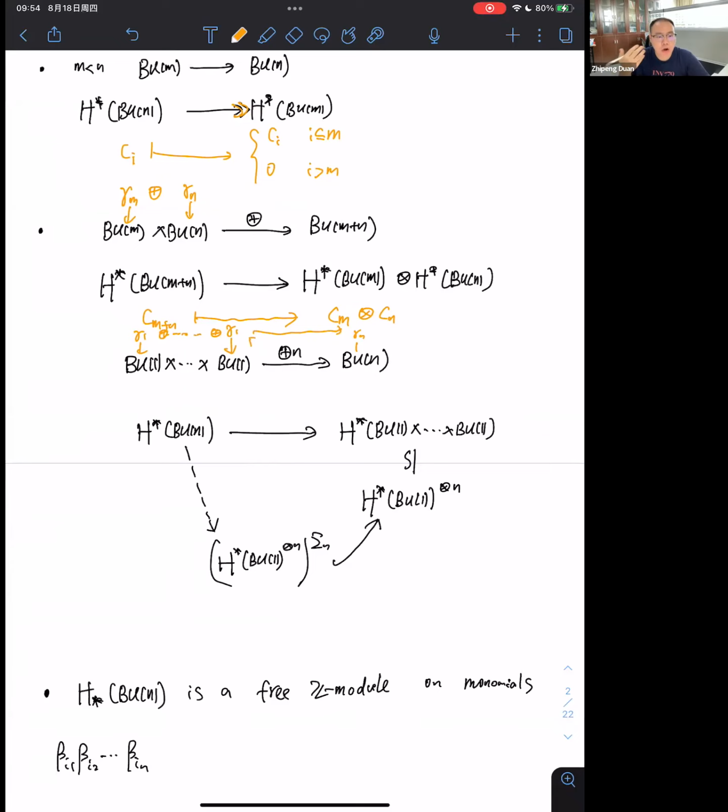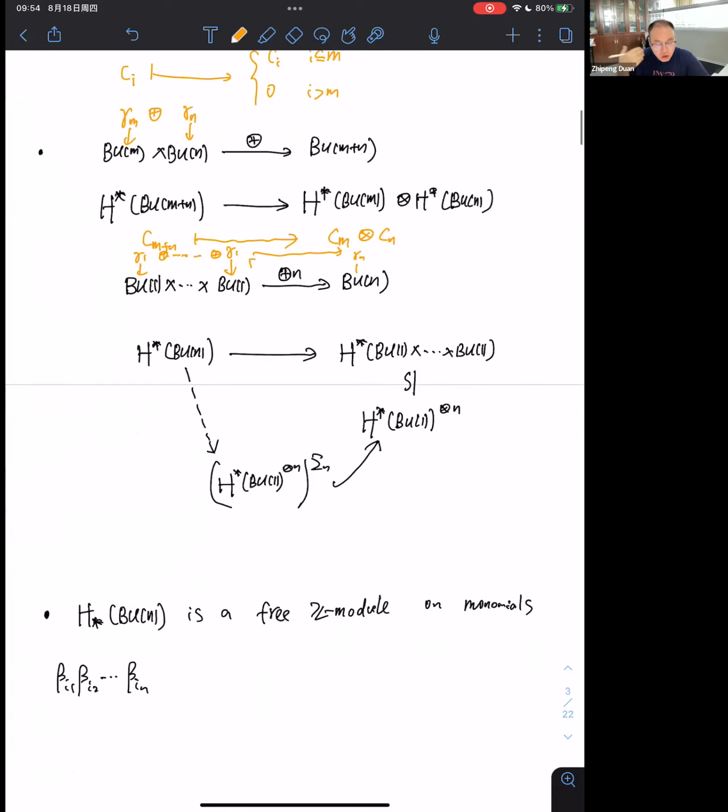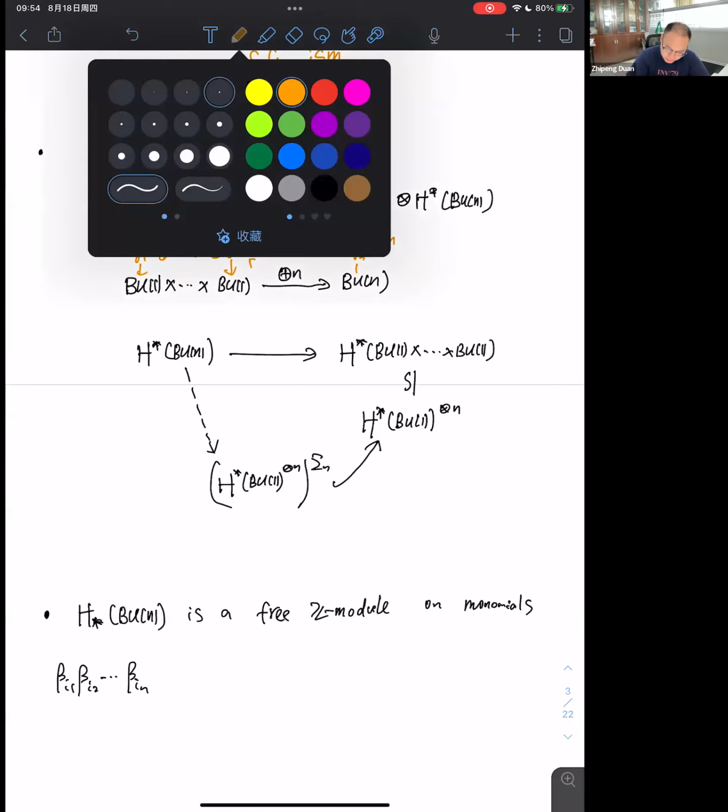Then if you apply the cohomology functor, we have a map from the cohomology of BUn to the cohomology of the n-fold product of BU1. And by Künneth's theorem, the cohomology of the n-fold product of BU1 is just isomorphic to the tensor product of n copies of the cohomology of BU1. And furthermore, the direct sum of line bundles is invariant up to isomorphism under the action of the symmetric group.